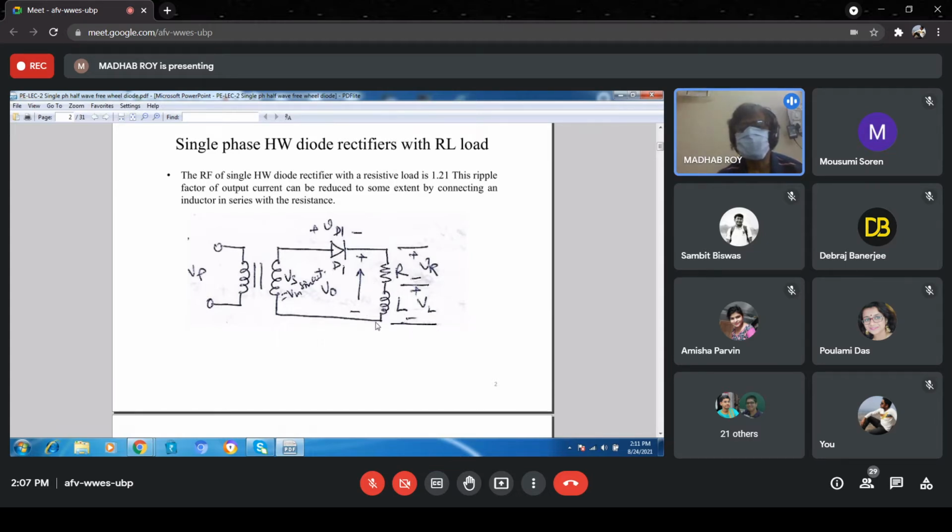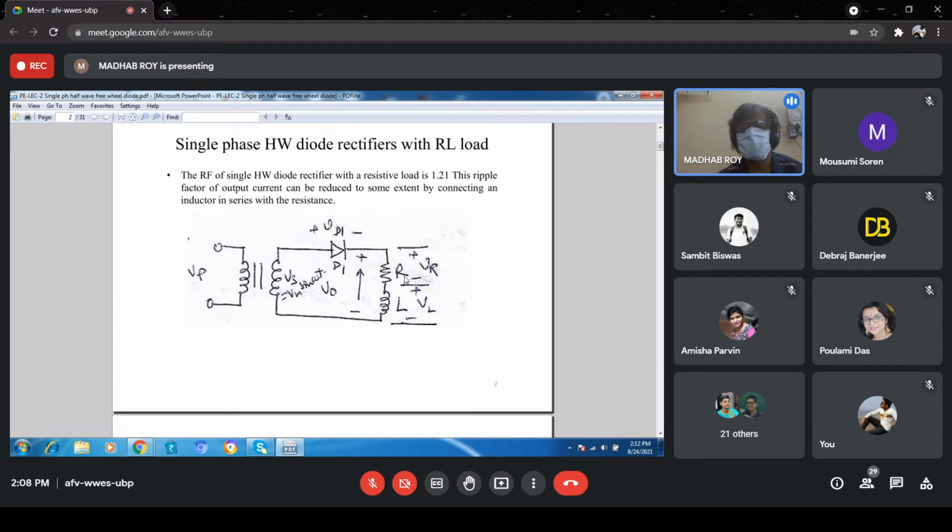The inductance is basically an element which can store energy. During the rising current, that means when the circuit is charging, the inductance will store the energy.